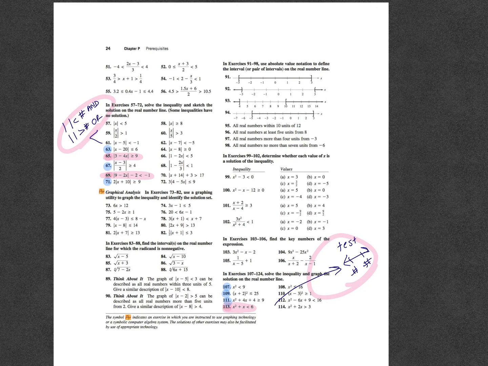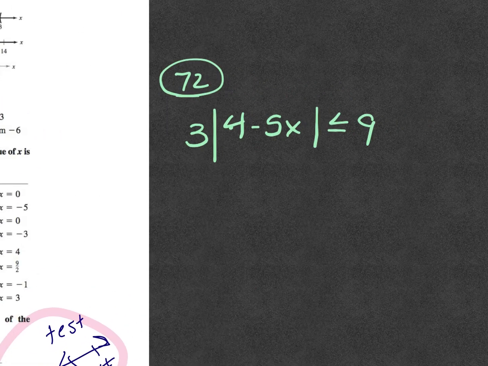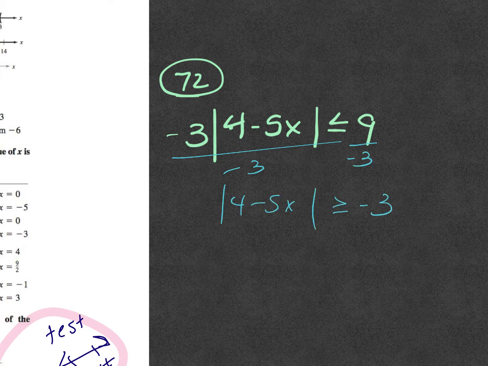Ms. Crusoe? Yes. I know we didn't have to do it but for number 72, if the 3 on the outside was negative, we have to move that first before determining if it's an and or statement, right? Correct. And that's where you want to be really careful, because if you flip it, right, so let's say it's negative, and I divide both sides by -3, now this becomes a greater than or equal to -3.